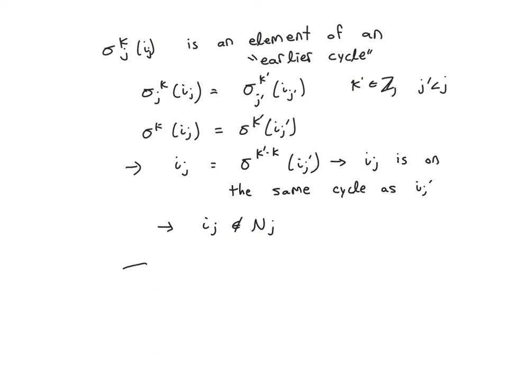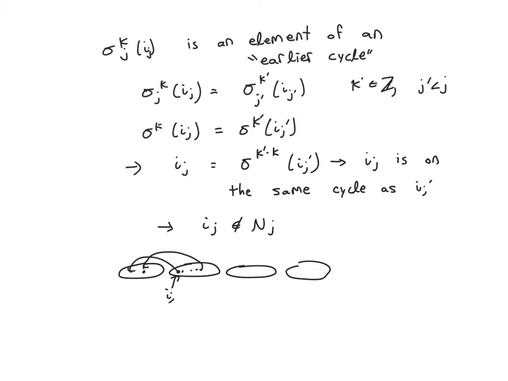So in other words, since sometimes a pictorial representation is a lot more helpful, suppose that I tried creating a cycle, but it turns out it looped and got an element from an earlier cycle. Then this contradiction argument is pointing out that this element right here also was on the earlier cycle.